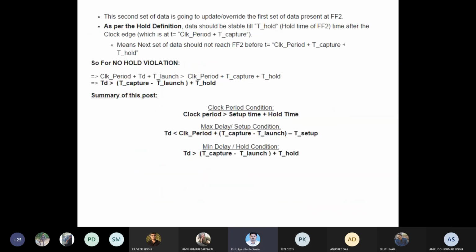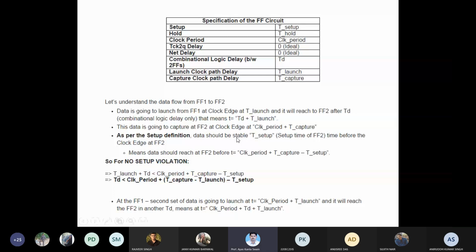Now to generalize this concept: the setup time is T setup, and the clock period is the clock period. If these clock path delays also come in, you have to consider them while finding the setup and hold violation. The combinational logic delay is TD, the launch delay is T launch, and T capture is the delay for the capture clock path.